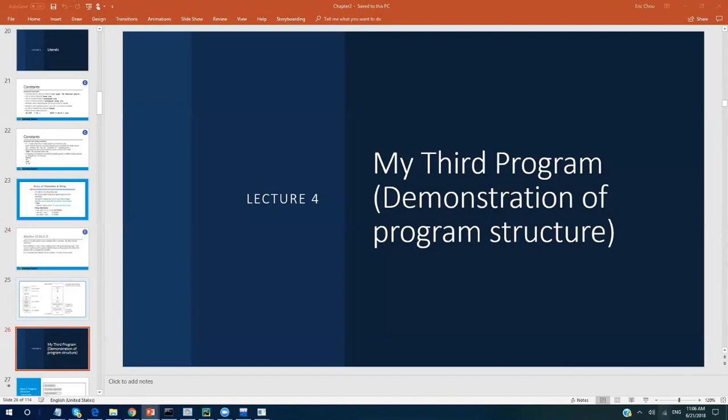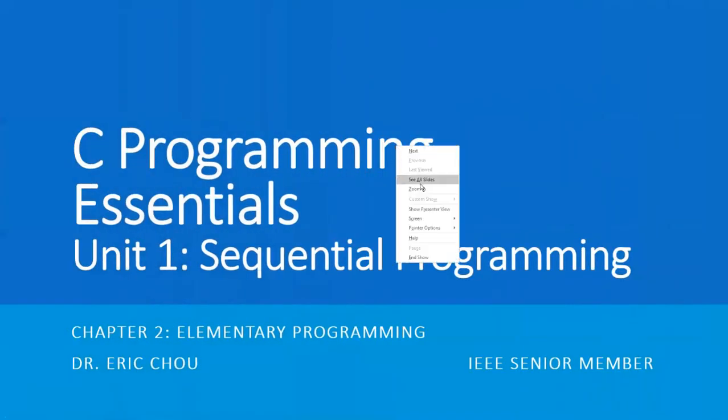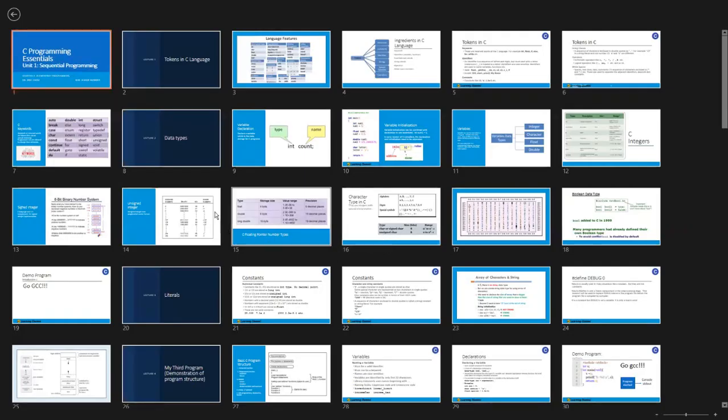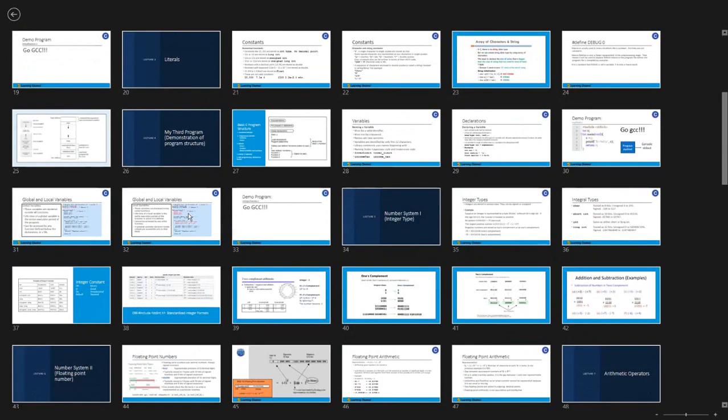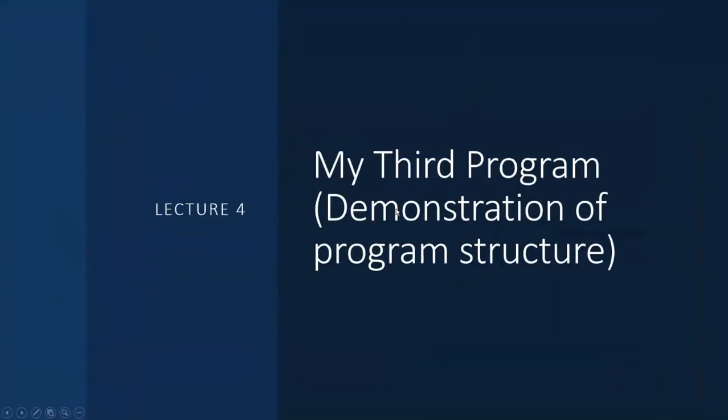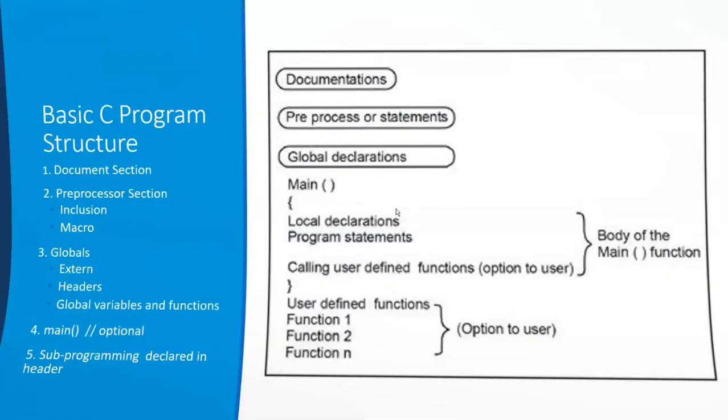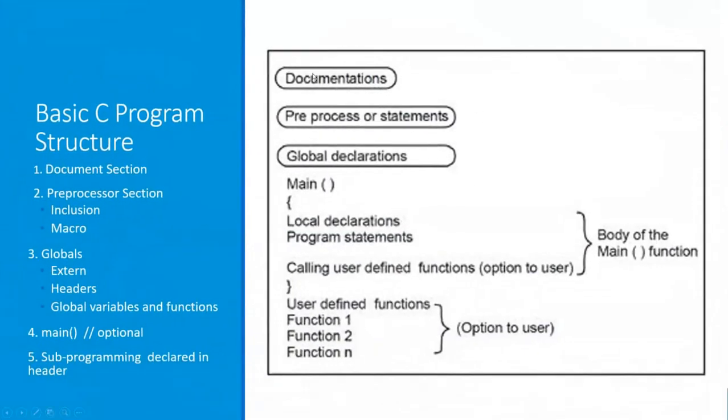Okay, the next one is my third program. My third program is a demonstration of program structure. So basically, usually you have a program, you have documentation and the preprocessor section, inclusion and macro, okay?